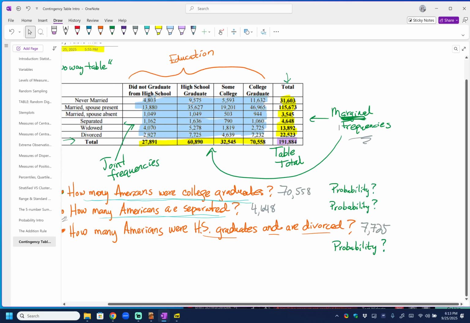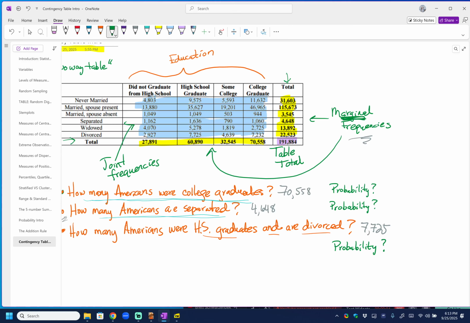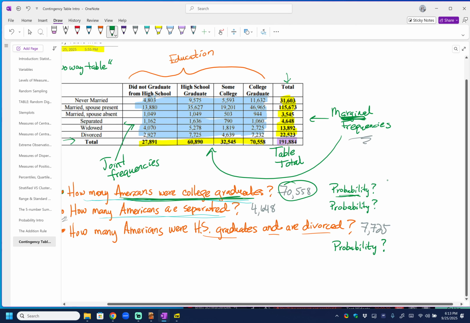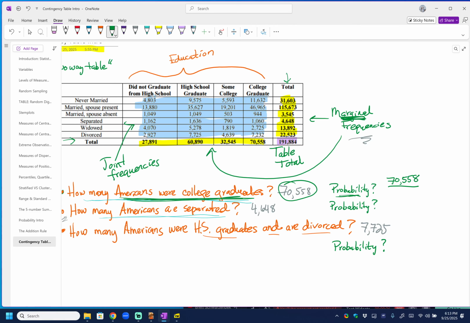For example, again, what if I wanted to know the probability that Americans are college graduates? We already know the total number of college graduates: 70,558. That would end up being your numerator, because that is the event that an American is a college graduate.